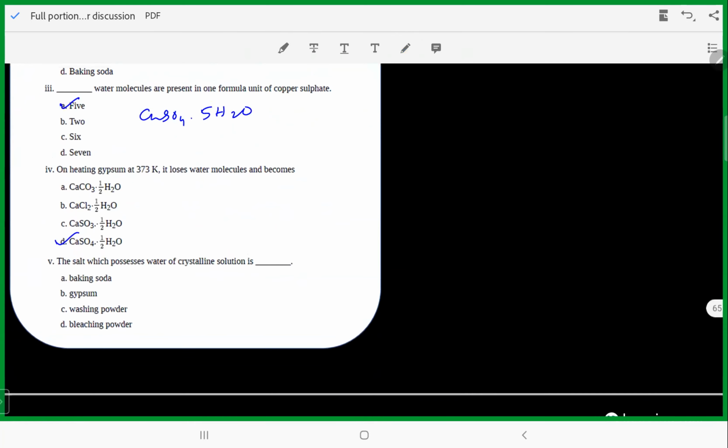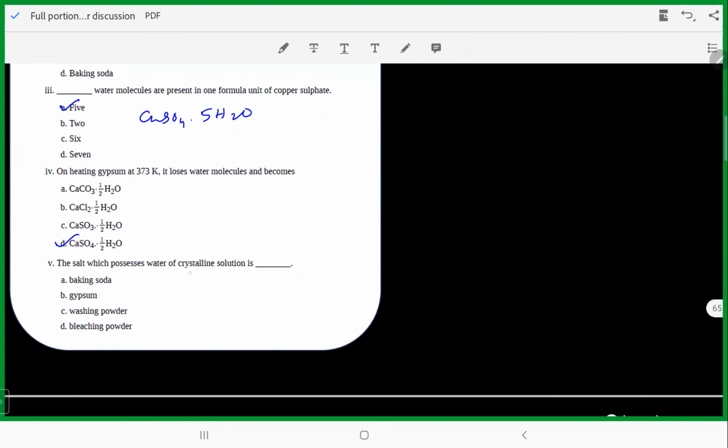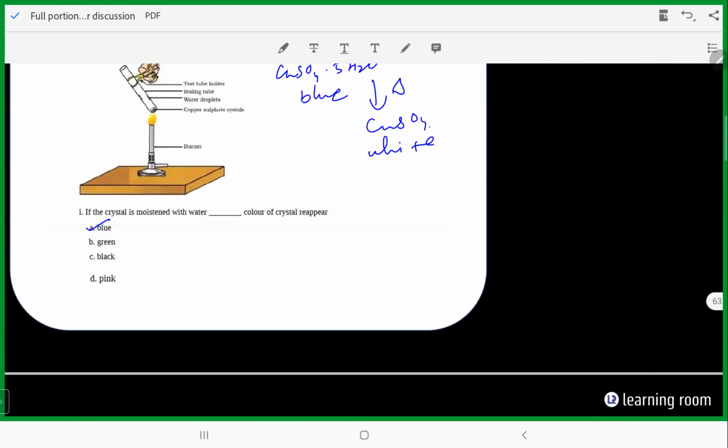And then the salt which possesses water of crystallization is gypsum. Okay, so that's all about your chemistry questions. Is it clear, ma'am?